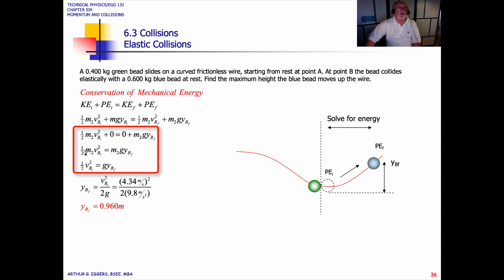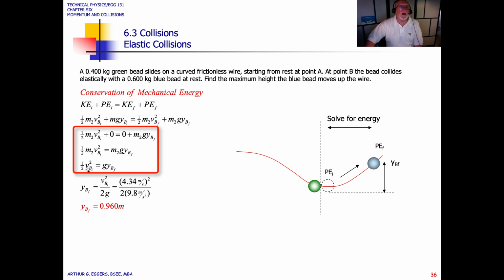I'm left with 1/2 the mass of the blue bead times velocity squared of the blue bead initial, equal to the mass of the blue bead times the acceleration of gravity times y, the height final, which is going to be over here, y B final. Simplify by getting rid of the masses because it's the same bead.